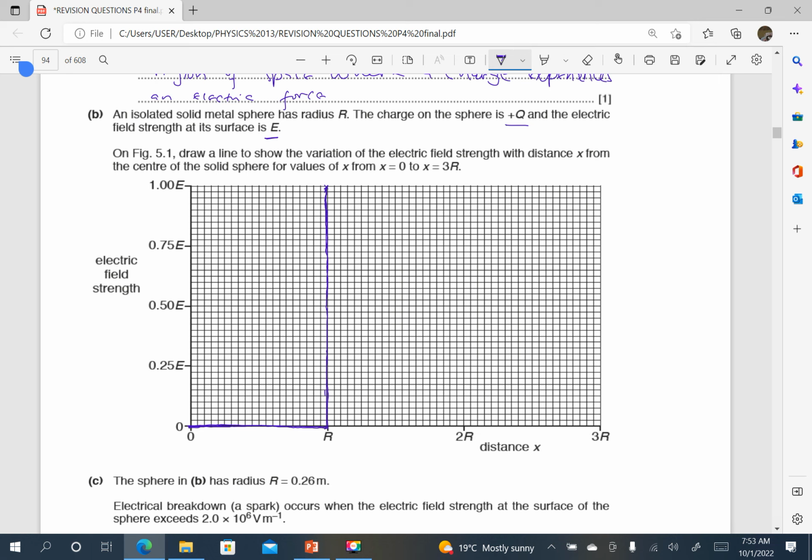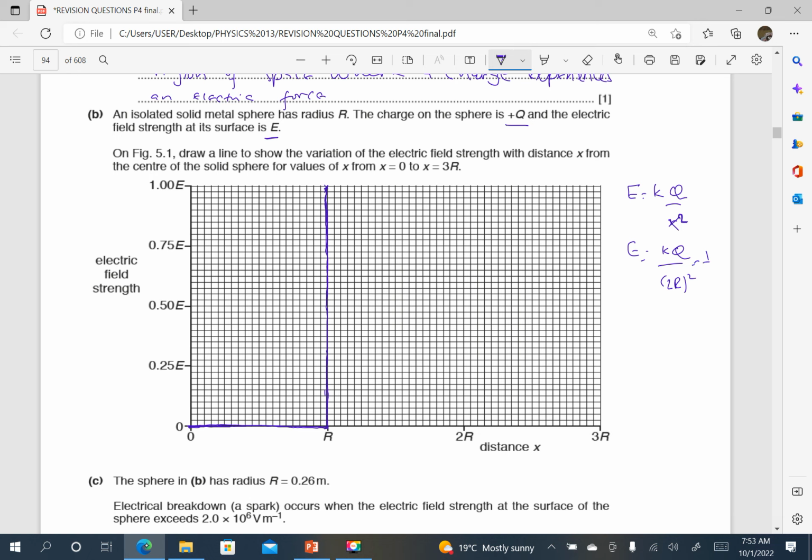Now let's see what happens outside the surface at 2r. Note that E is equal to a constant times Q over x squared or r squared. Let me just say x squared. So at 2r, E is going to be KQ, where there is x, I put 2r, but remember it is squared.